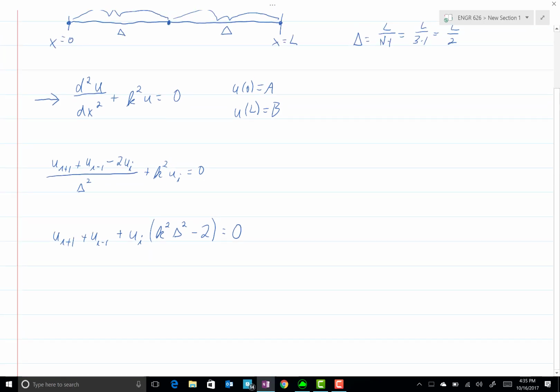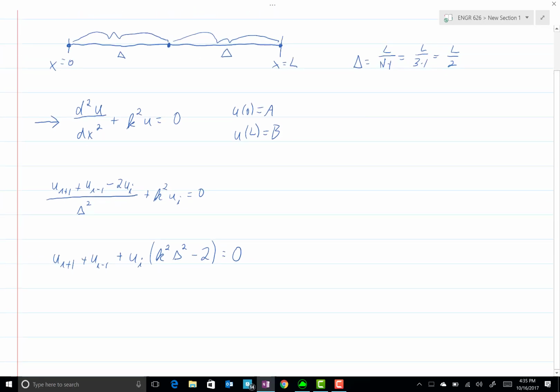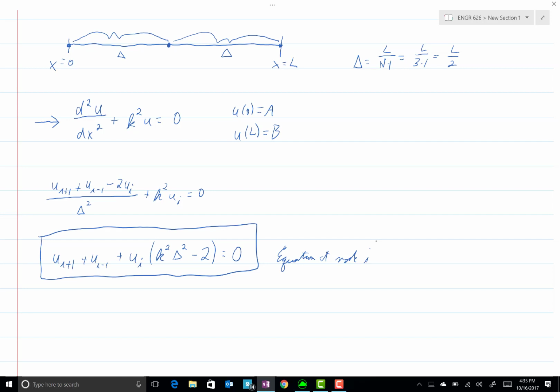Okay, so this is the equation at node i, where i can be any interior node. Now, we don't enforce that equation at the boundary nodes. There, we need to enforce the boundary conditions. But at interior nodes, we would enforce that equation.